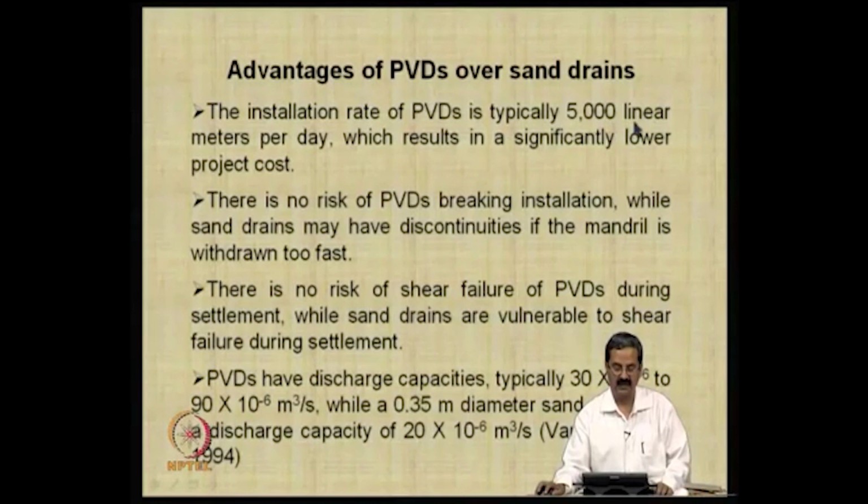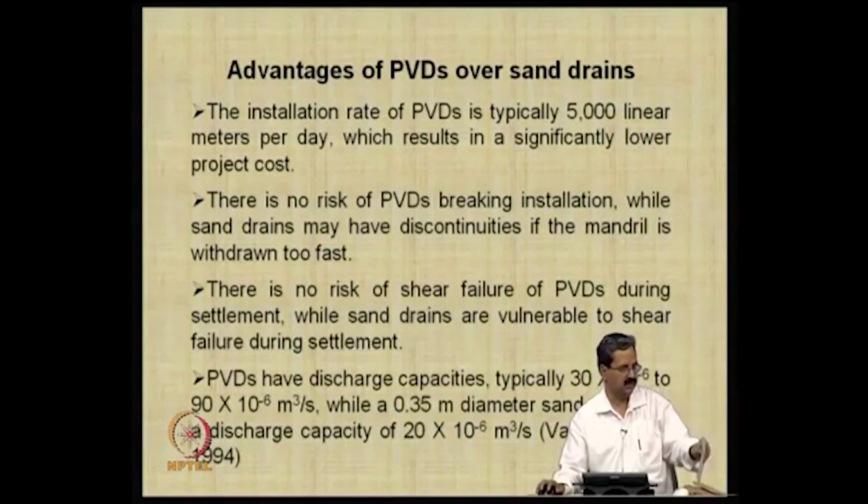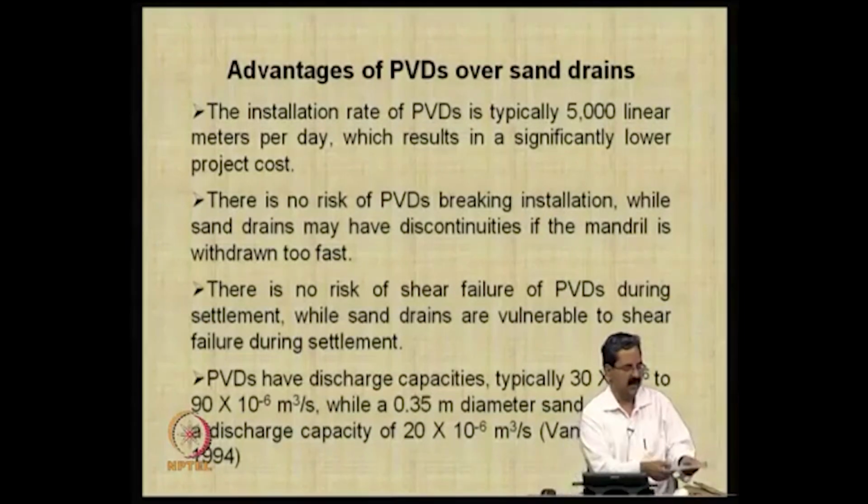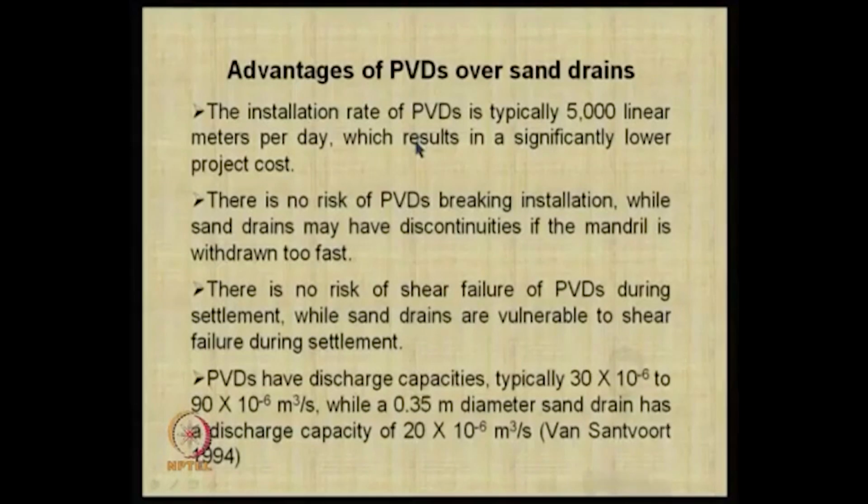In fact, 5000 meters per day can be done. It is very fast. Say 10 meters is the depth of soil to be improved; a machine takes it down, you cut it, and the drain gets established. So the advantage is that they are very fast, that is number one.